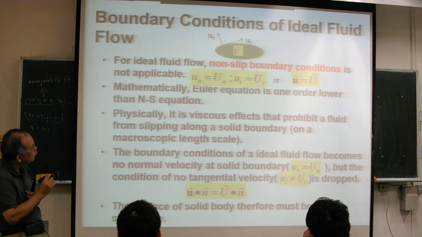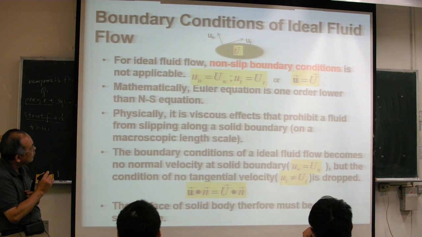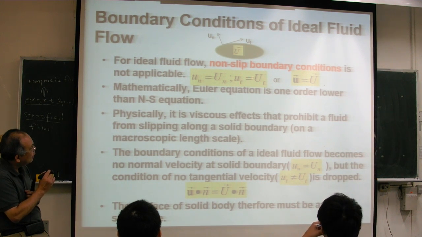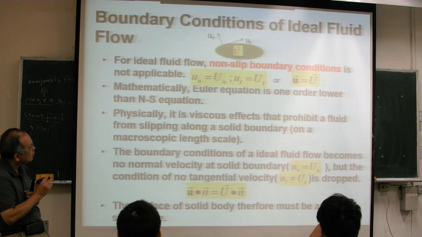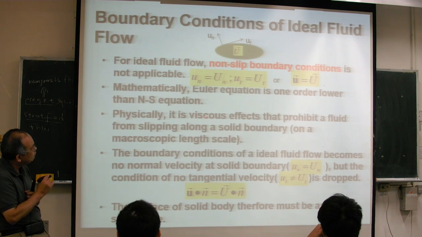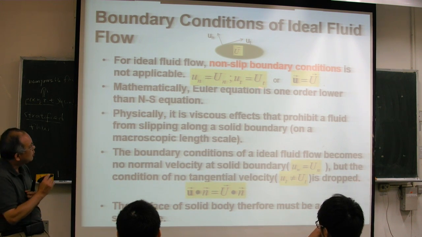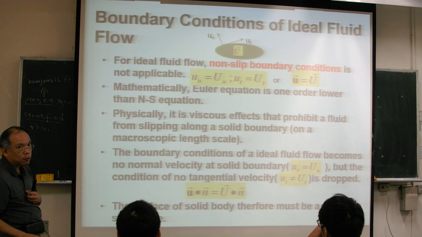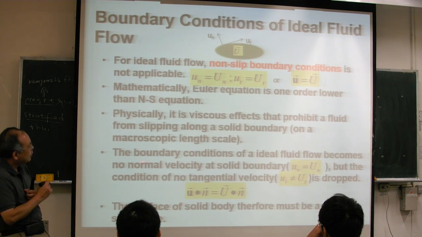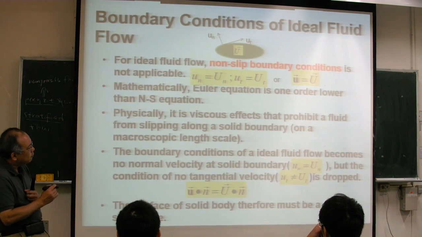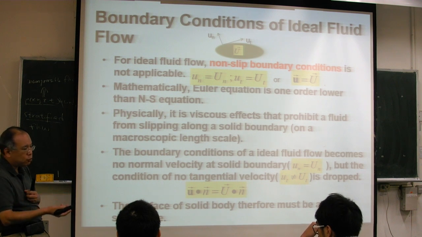That means the tangential fluid velocity is equal to our boundary tangential velocity because of the viscous effect. If you don't have the viscous effect, this tangential velocity may not be equal. So the boundary condition of ideal fluid flow will change.